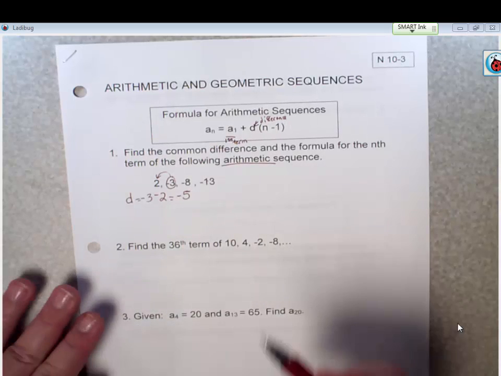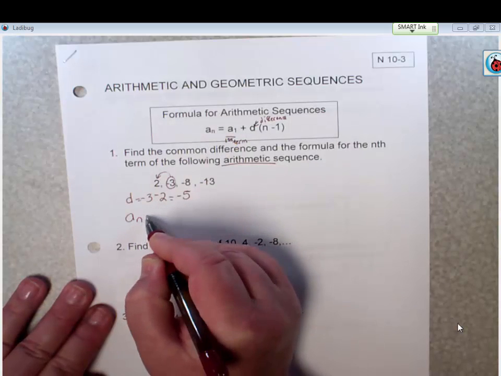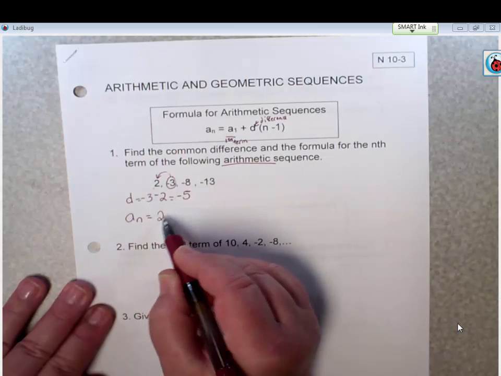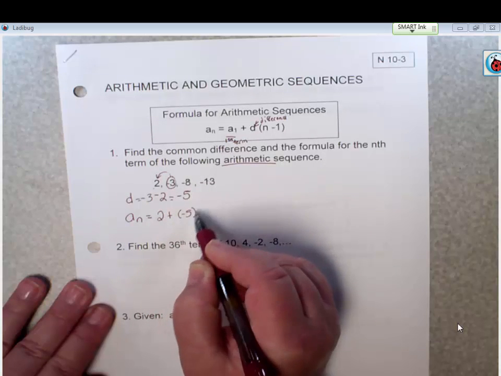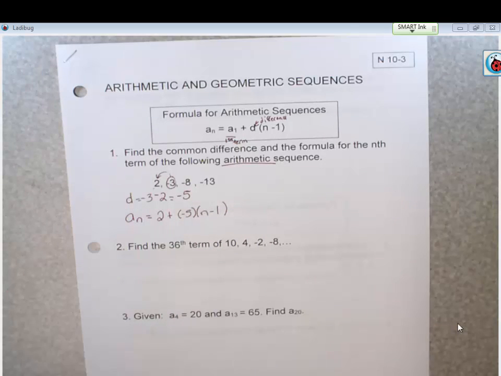Then we know our little formula up here, we have a sub n, a sub 1 is 2, plus the difference, so that's going to be our negative 5, times n minus 1. Now, you can leave it that way, but generally when you're writing a formula like that, you would simplify.